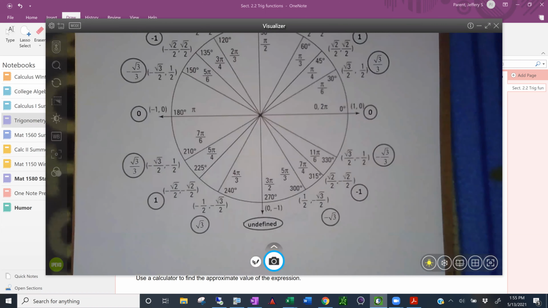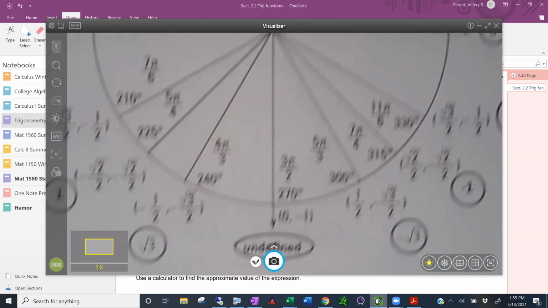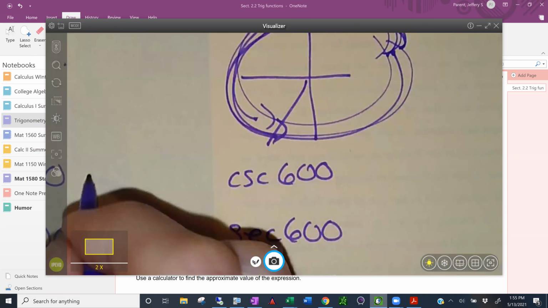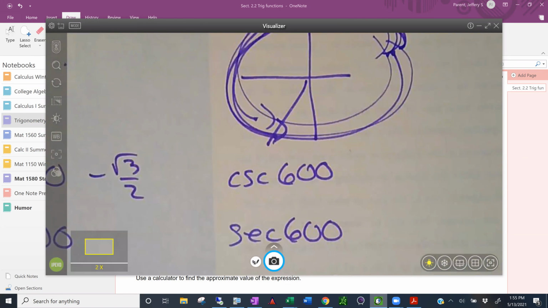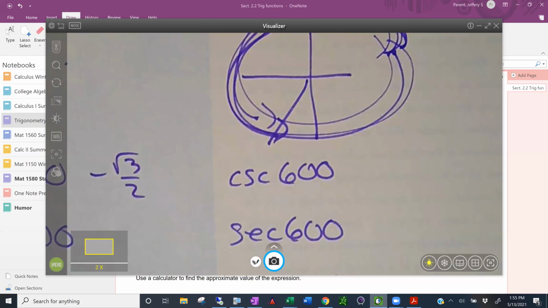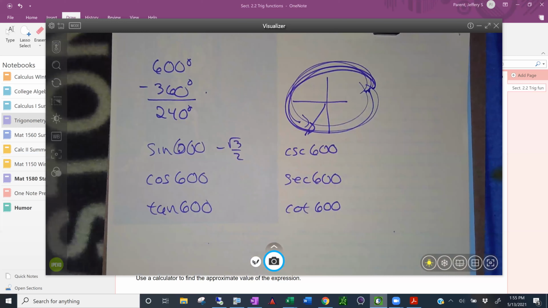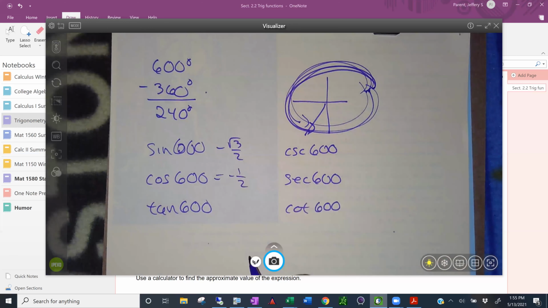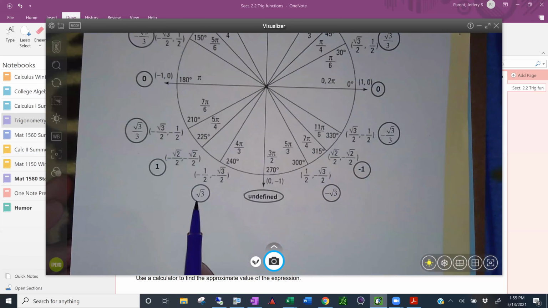What's the sine of 600? Negative square root of 3 over 2. Perfect. It's the y coordinate. So negative root 3 over 2. Cosine then has to be the other coordinate there, which was negative 1/2. Tangent, oddly enough, tangent's positive here, right?